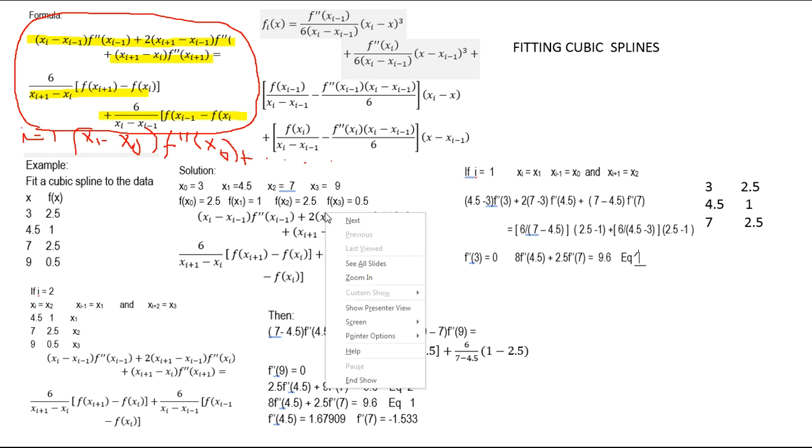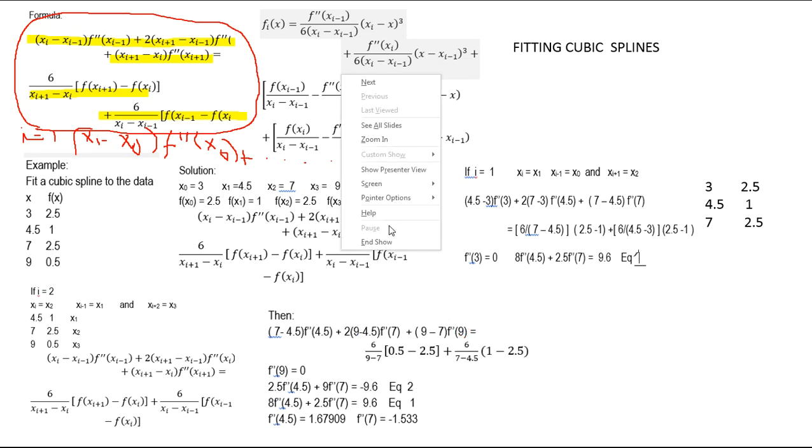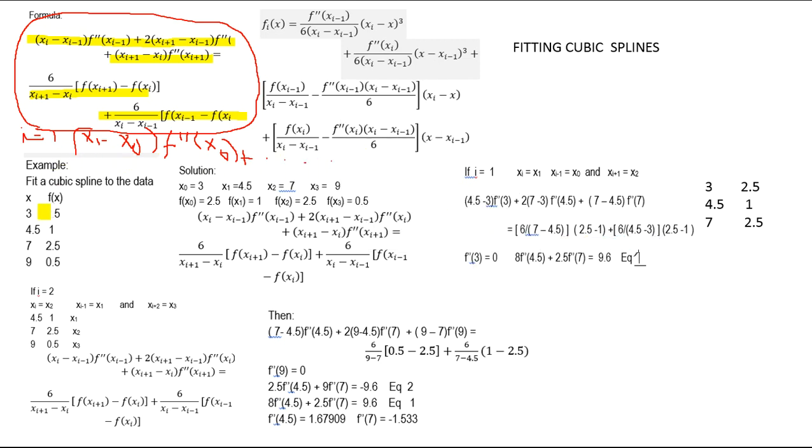So, let's try to have an example. Demonstrate natin to using an example. Ito yung mga tatandaan natin: if we fit a cubic spline to the data, x sub 0 is 3, x sub 1 is 4.5, x sub 2 is 7, and x sub 3 is 9.